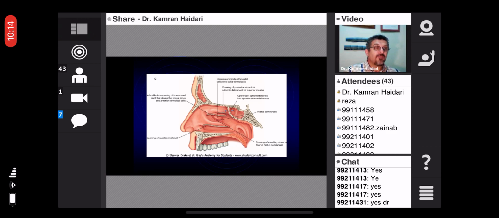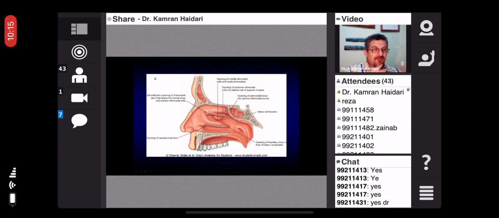This is natural for infection of the other paranasal sinus, which open here after sinusitis infection. Somebody has a frontal sinusitis, infectious frontal sinusitis.